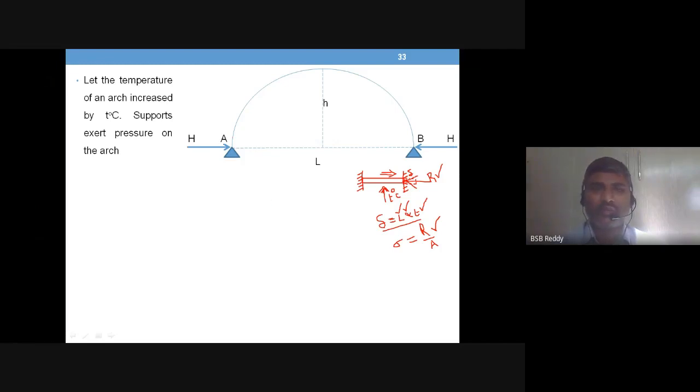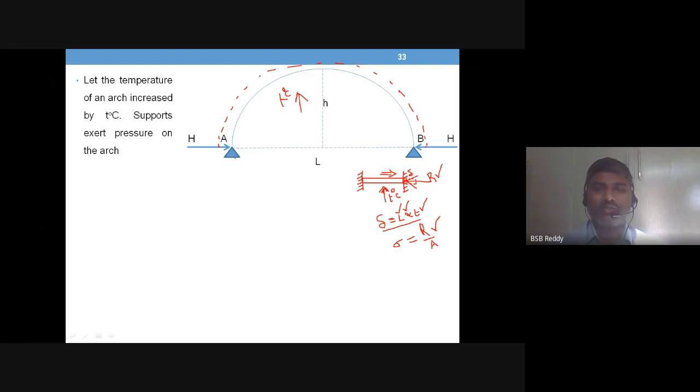What happens when the temperature changes? If this is the arch, without A and B, what would have happened if the temperature is changed? You expect the arch to become like this. Okay, got it? If you increase the temperature of this arch by T degrees centigrade, it would have been like this.